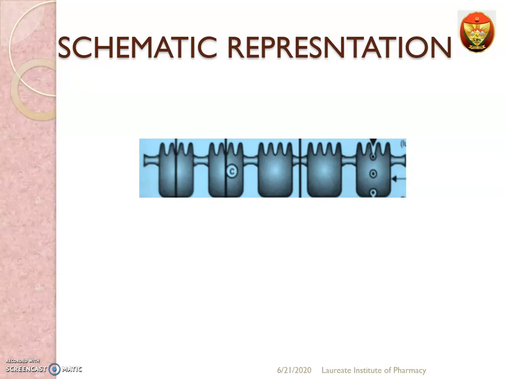This is the epithelial layer, and these are the tight junctions. You can see the tight junctions over here, and you can see the epithelial cells. These are the epithelial cells, and these are the intercellular spaces. Now, as I told you, the first mechanism is transcellular.